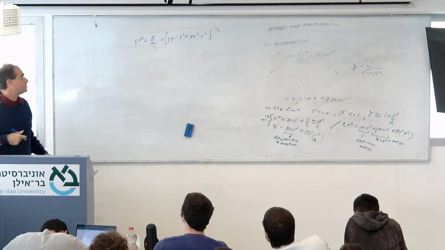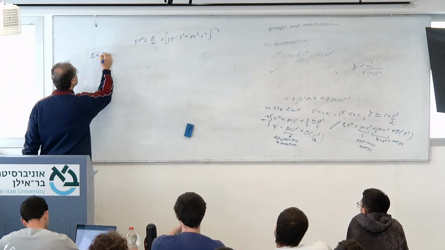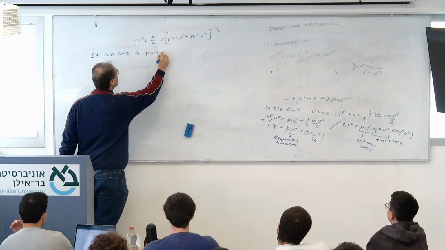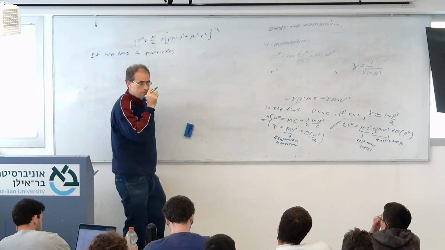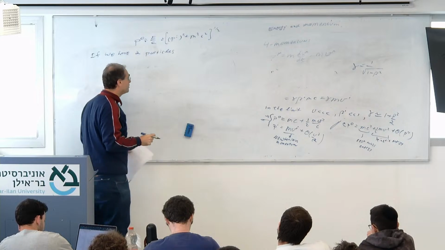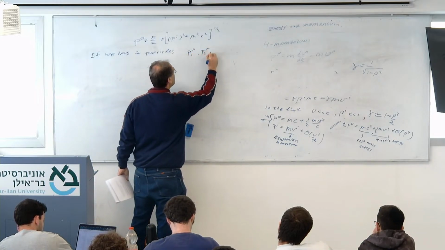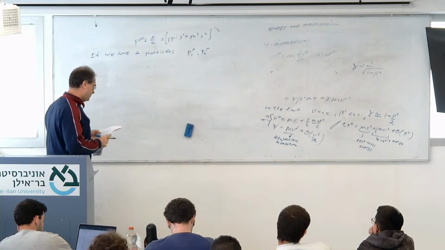If we have two particles, they have four-momenta, P1 mu and P2 mu.